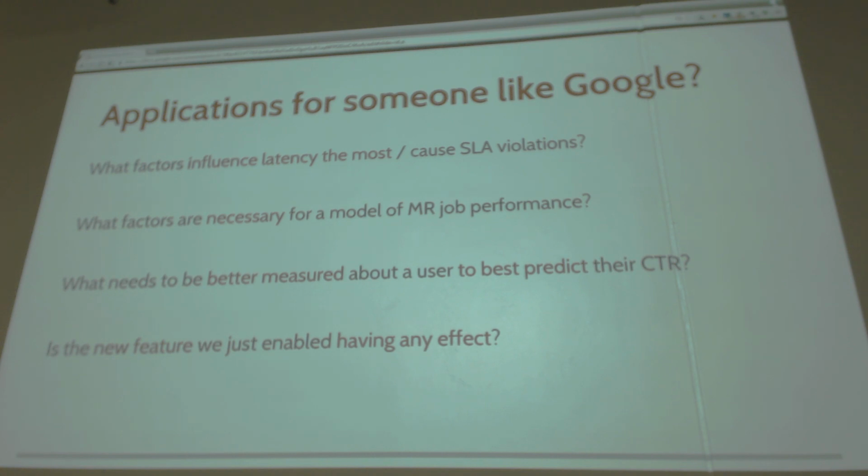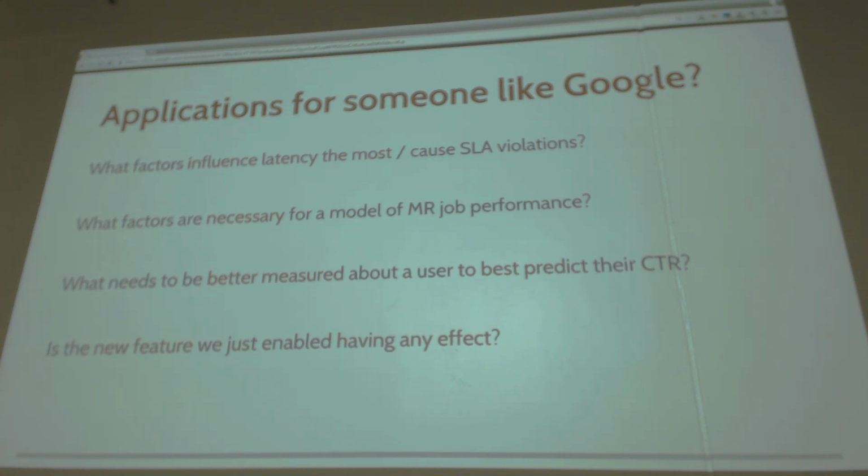Okay, now one more topic is what applications can I imagine for a company like Google? This is just complete speculation. This is just areas that I know Google is working in and how I imagine techniques like that could be applied. So I imagine, for example, if you're making a cloud storage engine, then you will probably be interested in what factors cause SLA violations.